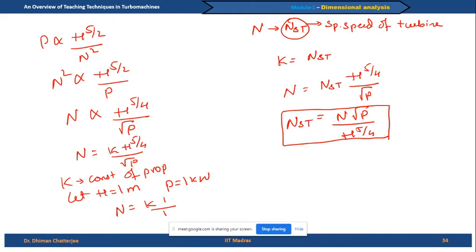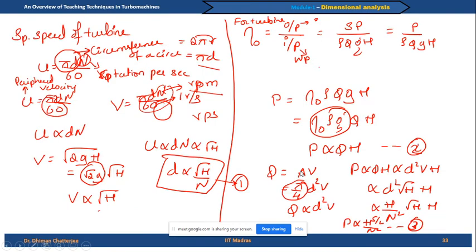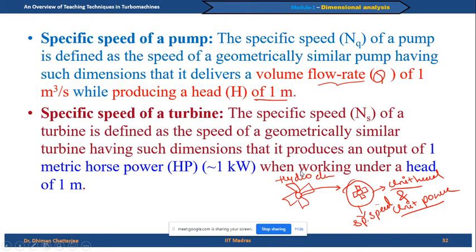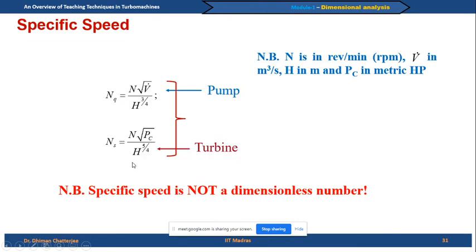This is the definition or derivation for specific speed of turbine. So does anybody have any doubts here? We arrived at this formula, NST equal to n root P by H raised to 5 by 4.